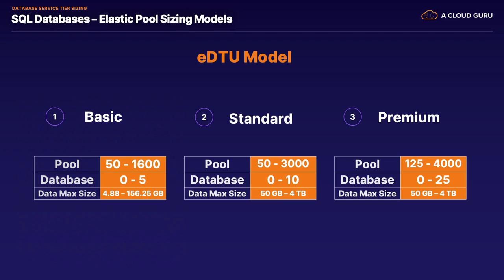For elastic pool sizing models, we have the eDTU model. And just like before, there is a basic, standard, and premium model into that pool for all of your databases to use. For basic, you can pick up to 5 different databases. For standard, you get up to 10, and premium, you get 25.